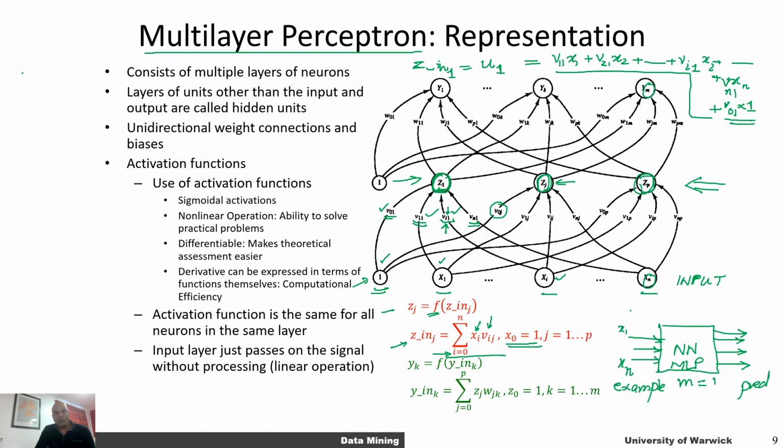If this neuron is called Zj, let's say j is equal to 2, then the weights are V02, V12, Vi2, and Vn2. And then it's going to sum all of these inputs and apply an activation function on top of that to generate its output.